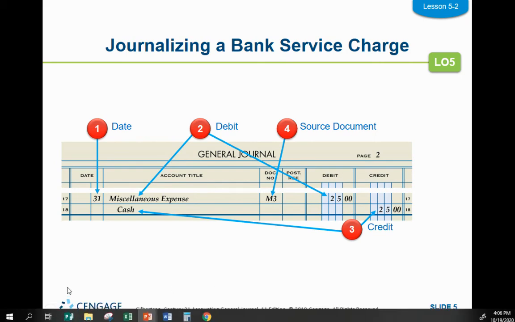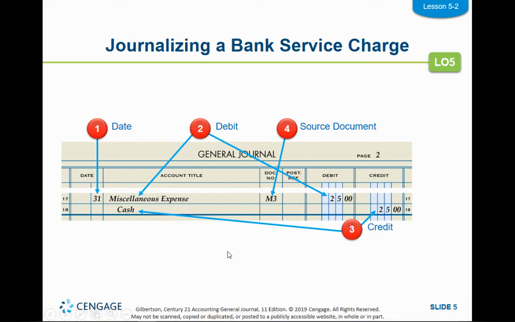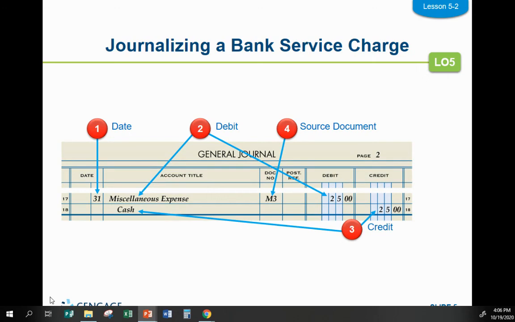Now, we recorded that $25 on our check stub to show that it's got to come out of our account. But we also have to do a journal entry for it because our cash account in our ledger still does not show that $25 out of there just because we recorded it on the check stub.